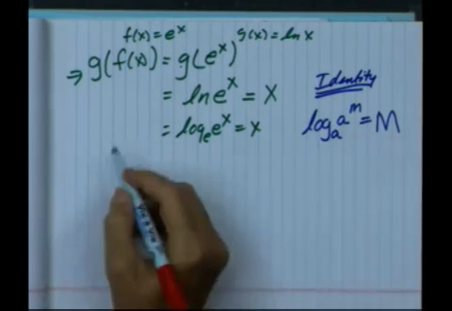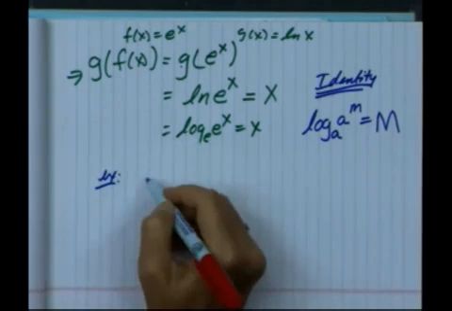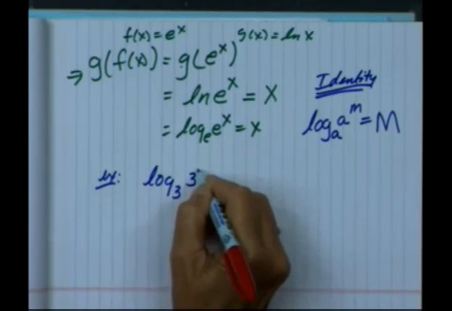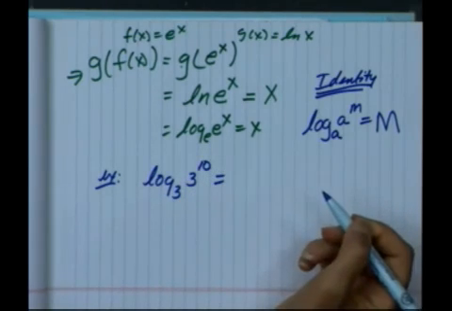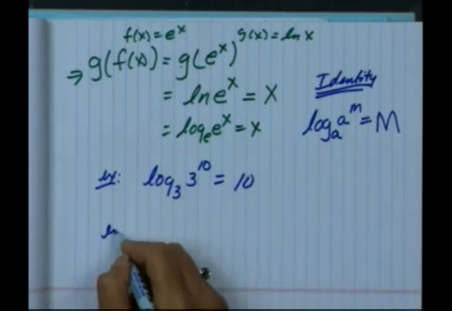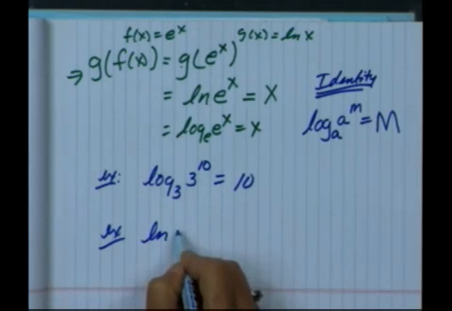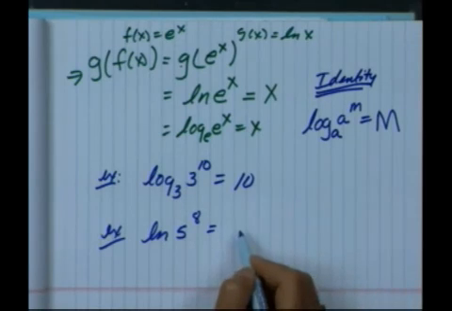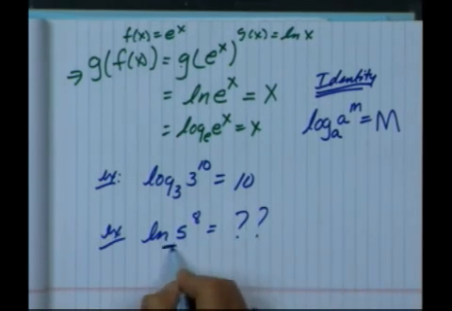Exactly the same. All right, the example: if you have log to the base 3 of 3 raised to the 10th, what's that equal to, everybody? 10. What about the natural log of 5 raised to the 8th? We don't know what it is because they have different bases.